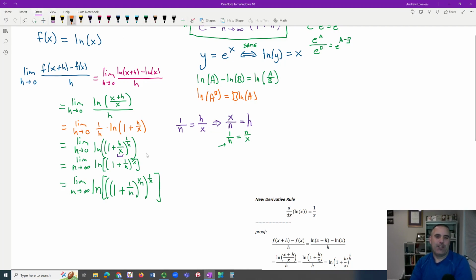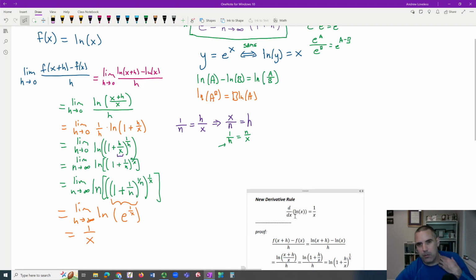In class, I just give people kind of the general, but this is approaching e. Why would that be helpful? This is the limit as n goes to infinity of log of e to the 1 over x. And those two cancel. You get 1 over x. So I don't know if that was informative.